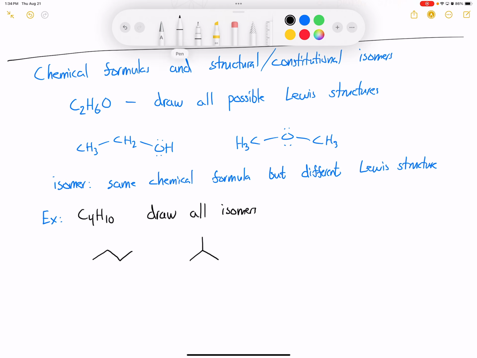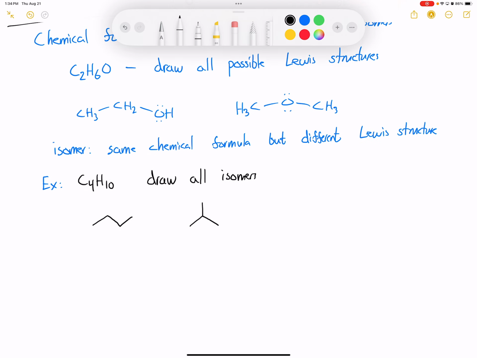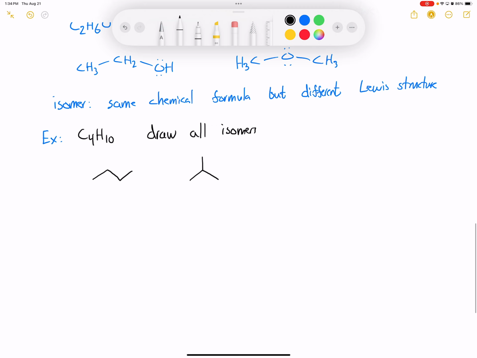You can have the same connectivity and still be considered different isomers. That becomes important in drug interactions in biology, so stereochemistry is pretty important. Maybe we could demonstrate that when we talk about it. It'll be interesting.